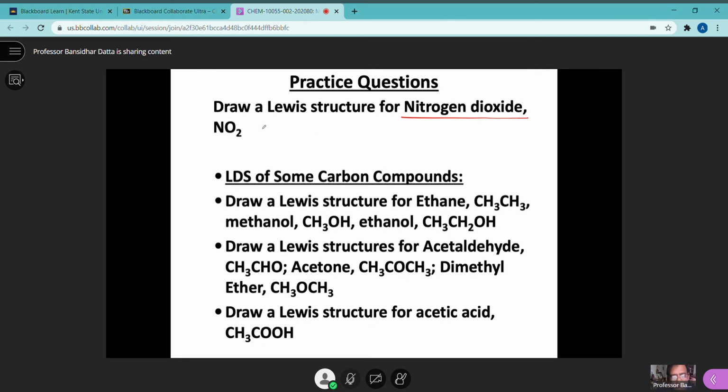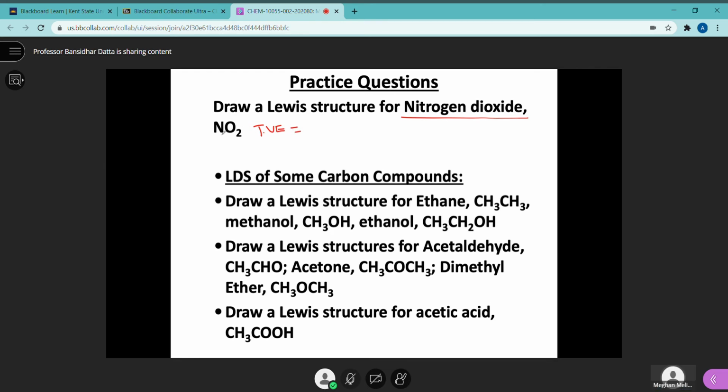What is the total number of valence electrons? Total number of valence electrons equals nitrogen, which group?